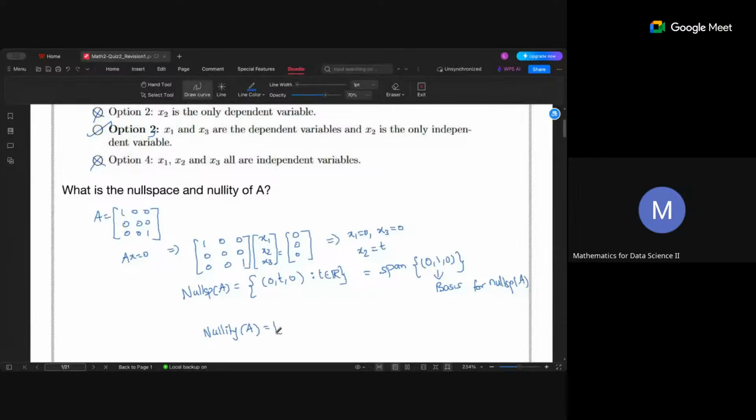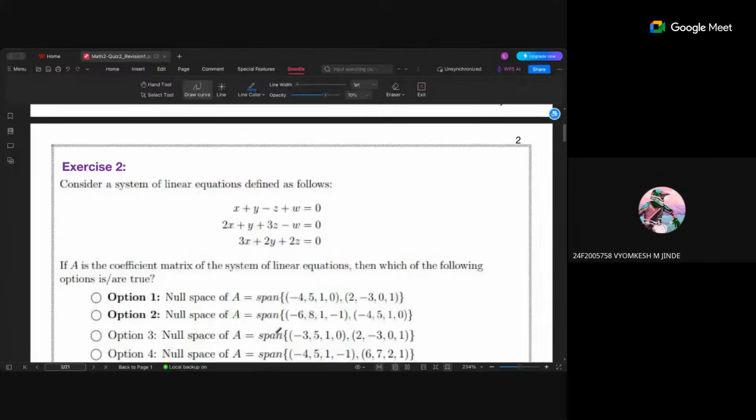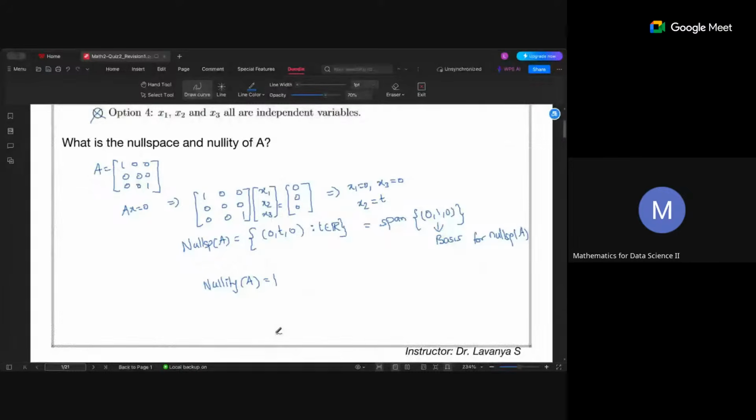Ma'am, can you explain null space again? Null space is just the set of all x such that Ax is equal to 0. This is a very simple case where I have solved Ax = 0. From this equation x1 and x3 are 0 and x2 is an independent variable, so I choose it as just some t where t is any real number.